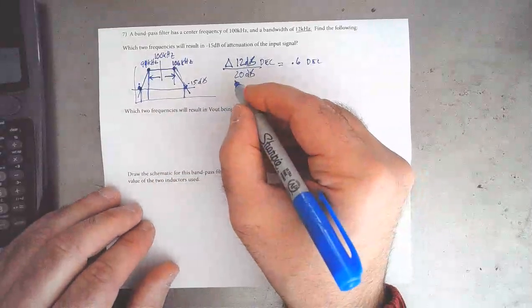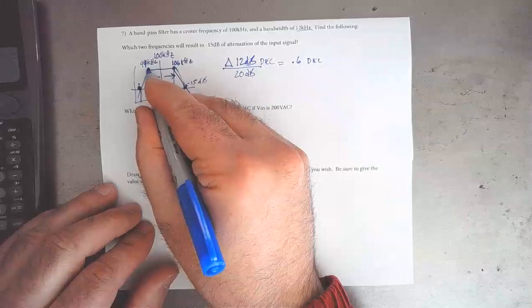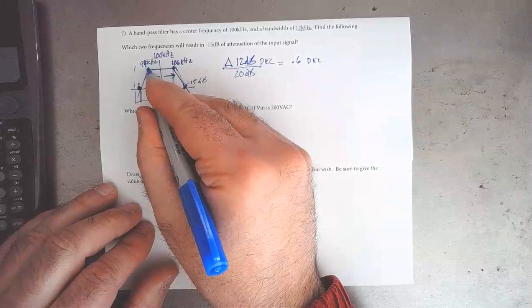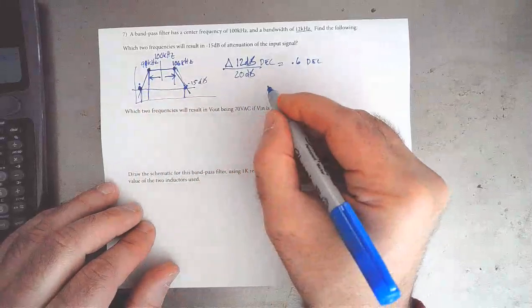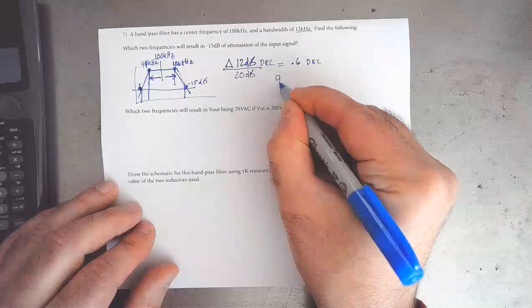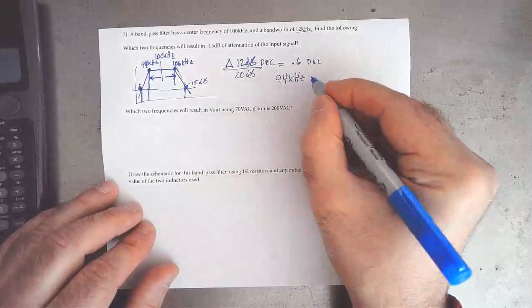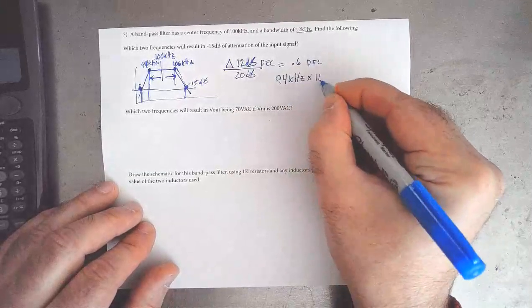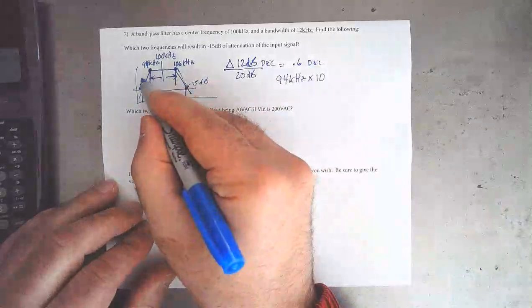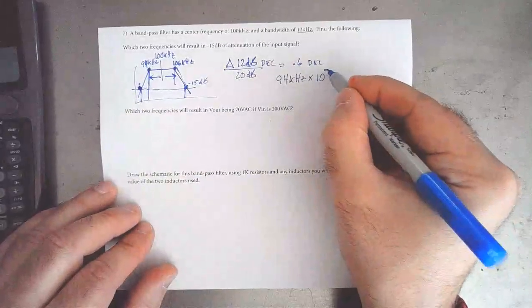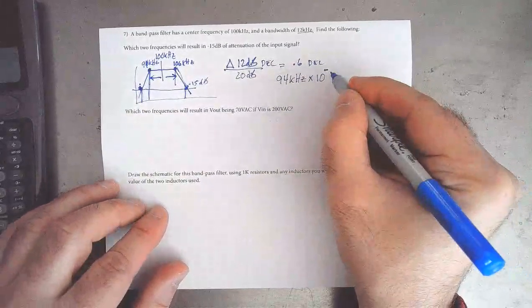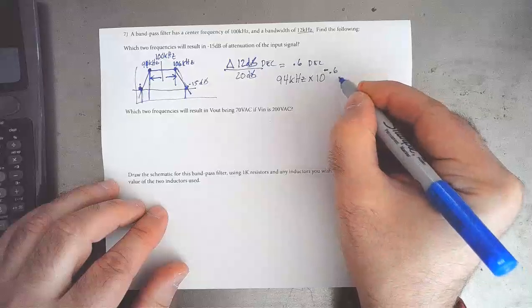So let's figure out what those two frequencies are. Well, I'm going to start here at the high pass critical frequency, which is 94 kilohertz. So 94 kilohertz is where I'm starting, and I'm in decades, so it's times 10, and I'm jumping down in frequency, so it's to the minus, and then how many decades? 0.6.